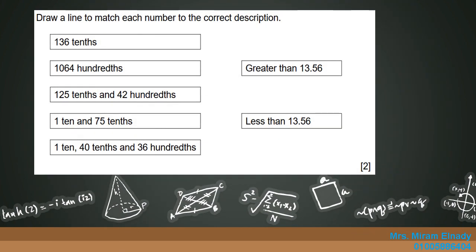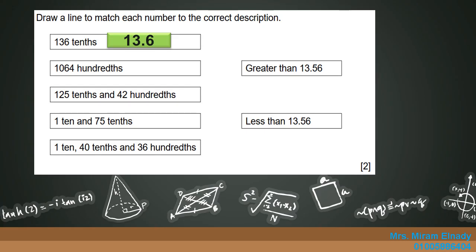Draw a line to match each number to the correct description. 136 tenths. As we said before, the 6 is in the tenths place, so the number will be written as 13.6. So is this number greater than 13.56 or less than 13.56?